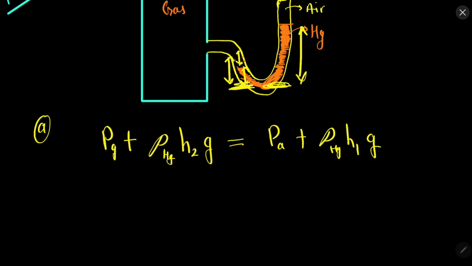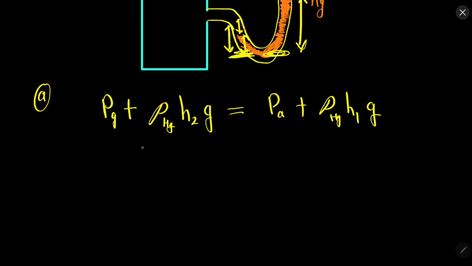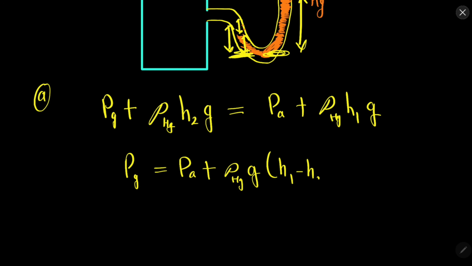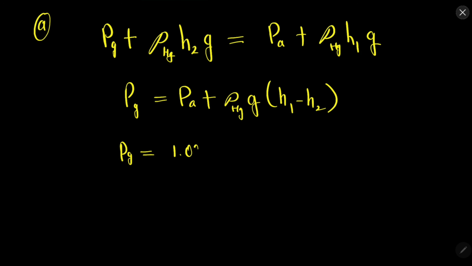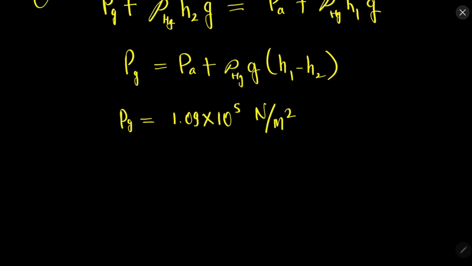This pressure will be the same, so this part and this part will have the same pressure. By that we can find the pressure of the gas, which will be equal to Pa plus rho g (h1 minus h2), and by putting in the values you can find the pressure due to gas, which comes out to be 1.09 into 10 to the power 5 Newton per meter square or Pascal.